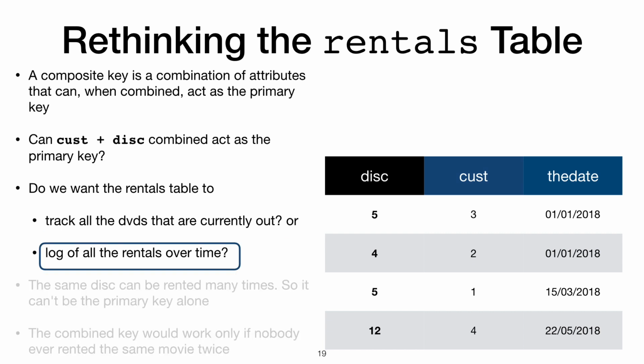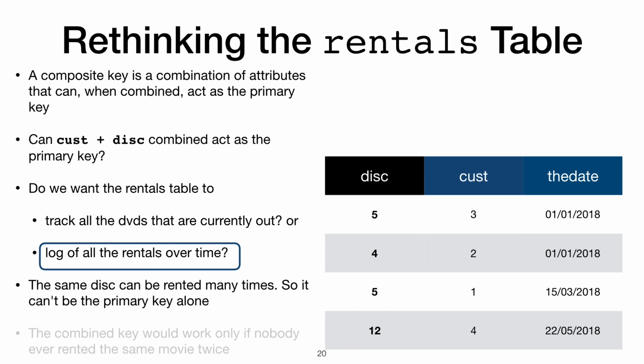Now, if we want a log of all of the rentals over time, well, then that's a different scenario. If we look here, for example, disc 5 was rented to customer 3 on the 1st of the 1st, 2018. And then disc 5 was rented out to customer 1 on the 15th of the 3rd, 2018.